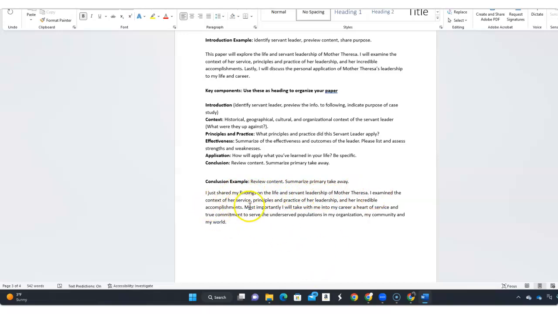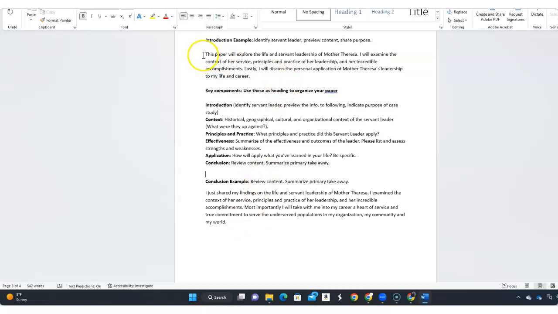I examined the context of her service, principles and practice of her leadership, and her incredible accomplishments. Most importantly, I will take with me into my career a heart of service and true commitment to serve the underserved populations in my organization, my community, and my world. Okay, again, one paragraph. We're simply reviewing what we just discussed at length and your primary takeaway.